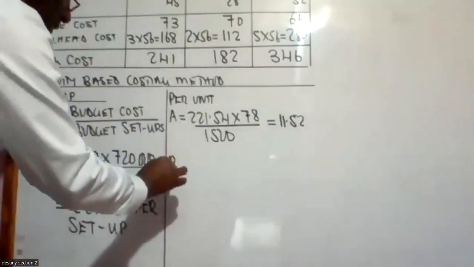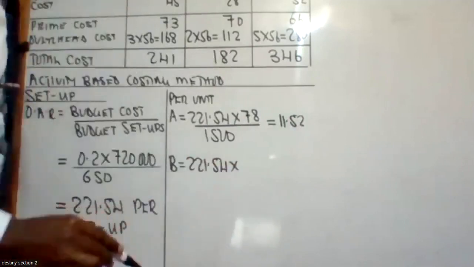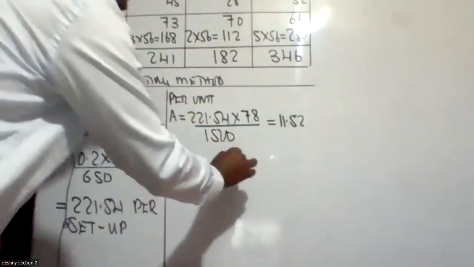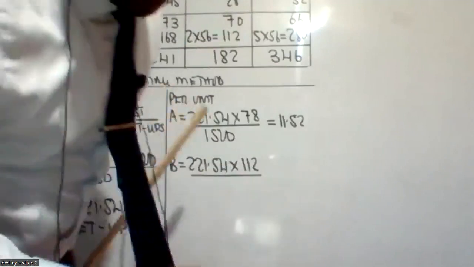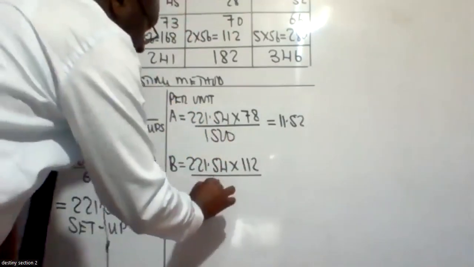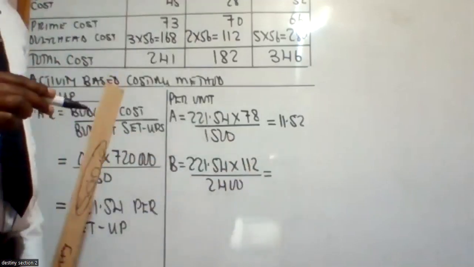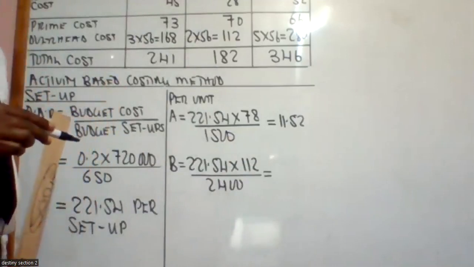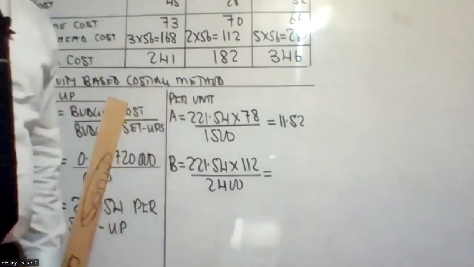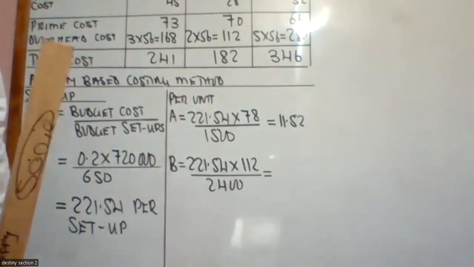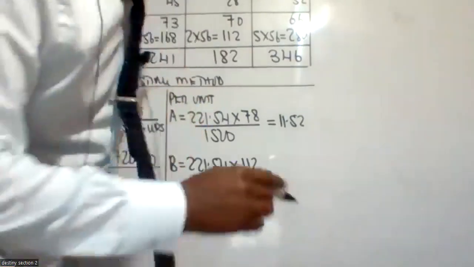Okay, let's go to product B. It is 221.54 times the number of setups, which are 112. Now this one, you divide by the number of units, which are 2,400. The answer for that, $10.34.